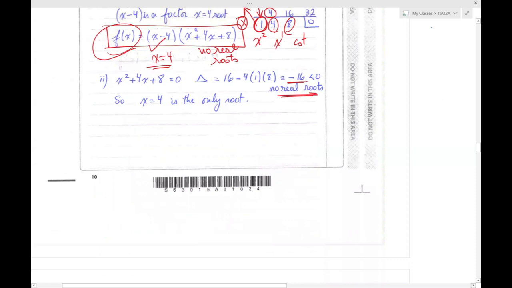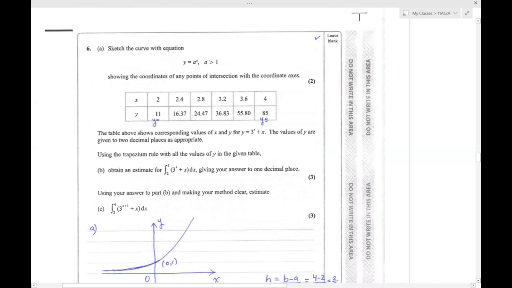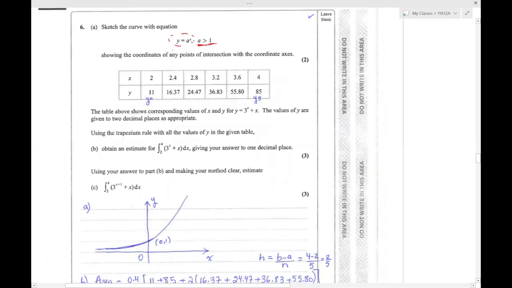In number 6, sketch the curve with equation y equals a to the x, where a is greater than 1, showing the coordinates of any points of intersection with the coordinate axis. So you need to sketch this part, and this is an exponential graph.